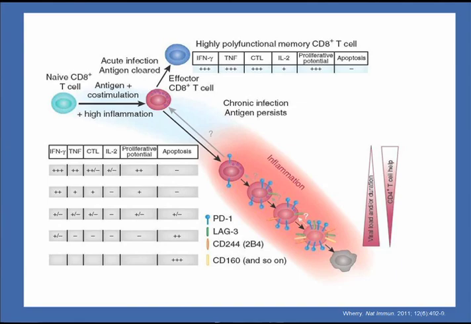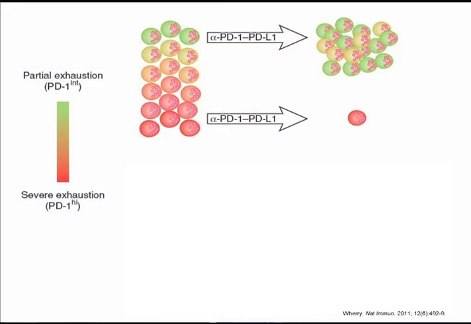So what people are now beginning to look at is whether or not you can give antibodies against PD-1 and other co-inhibitory receptors and reestablish function. Shown in the middle is the spectrum of CD8 T cells in a chronic infection, where you have some that are functioning fairly well and others that are really not functioning at all and express very high levels of PD-1. If you give an antibody against PD-1, what you find is you rescue the cells with an intermediate level of expression of PD-1 on their surface.